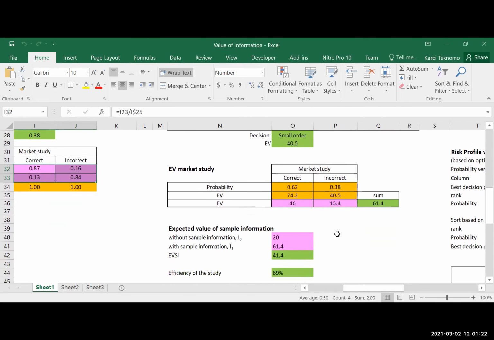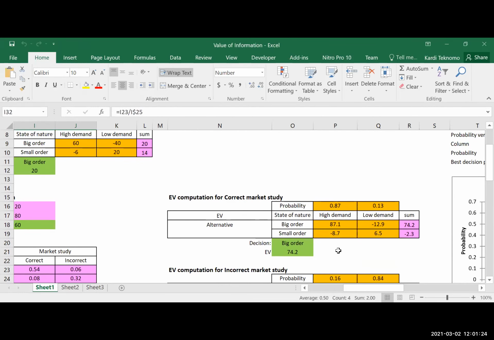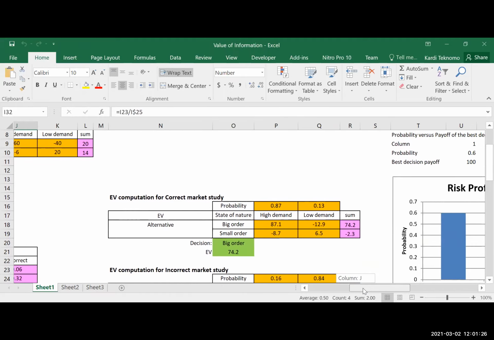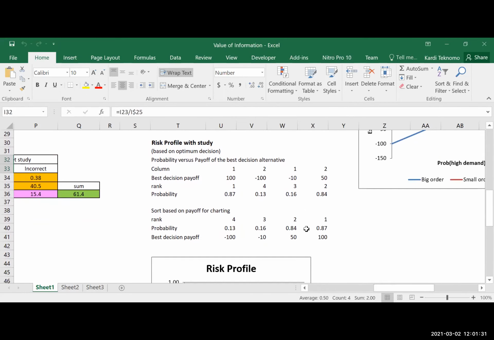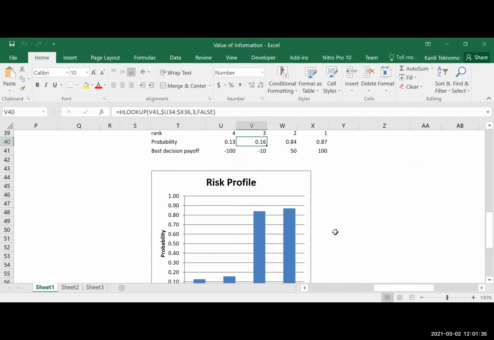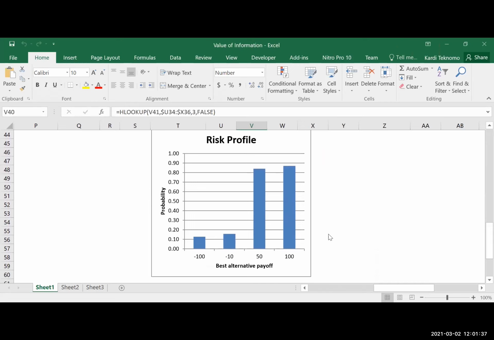From there, you can actually compute the risk profile. It is based on the posterior probability. And then you can plot that risk profile.